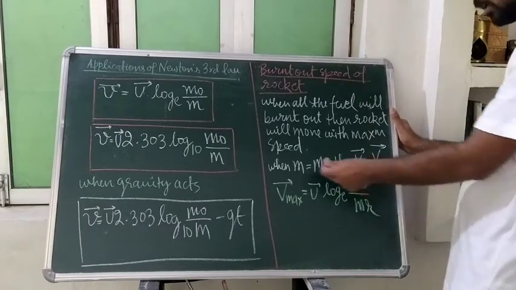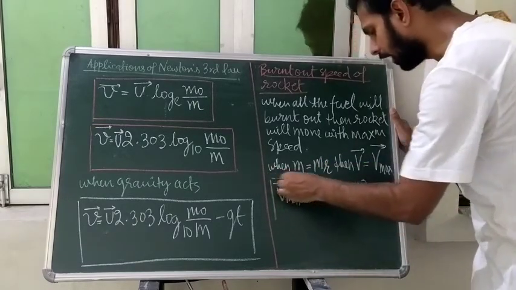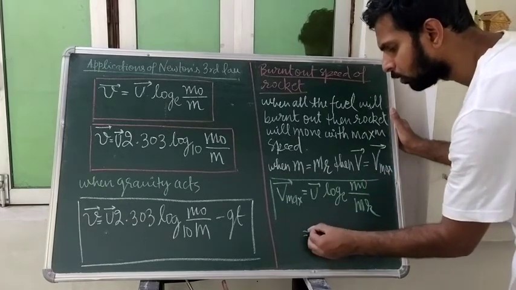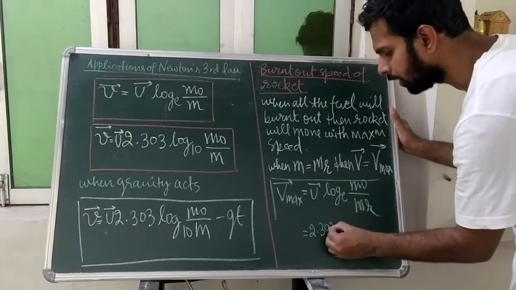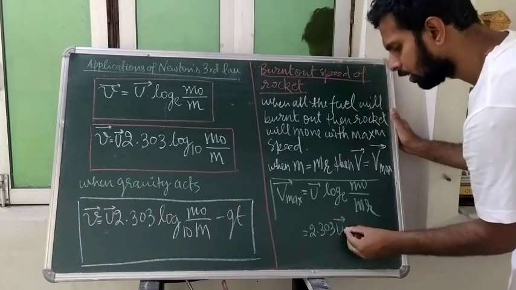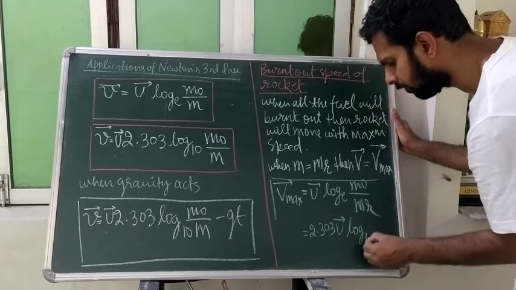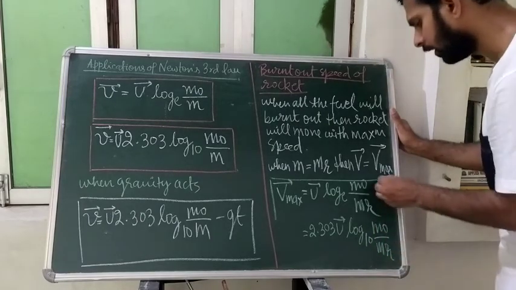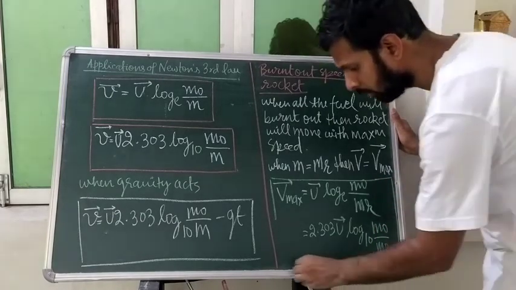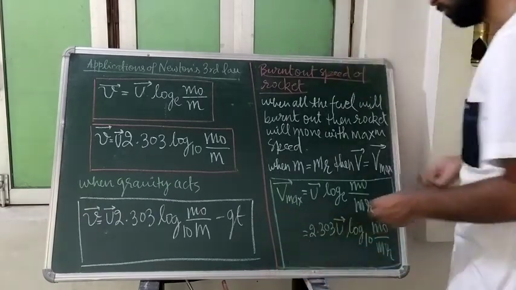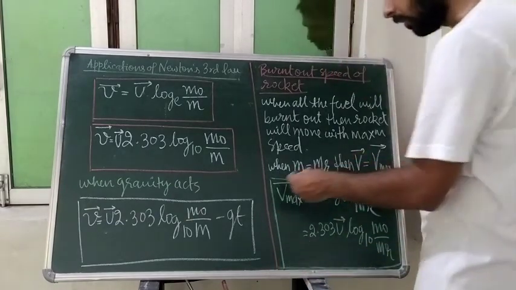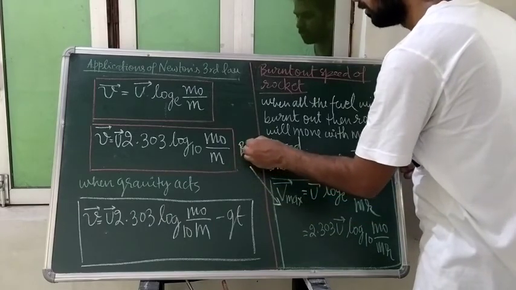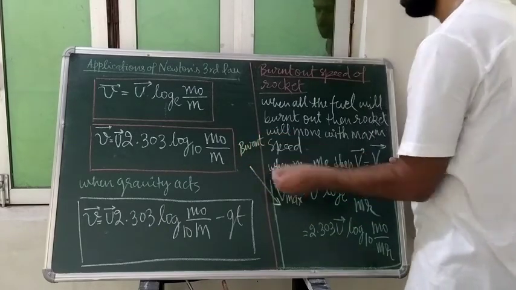This m will become equal to mr, then you will have that maximum velocity, or you can say 2.303 times u, log base 10 of m naught upon mr. This will be our burnt out speed. Okay, this will be called our burnt out speed.